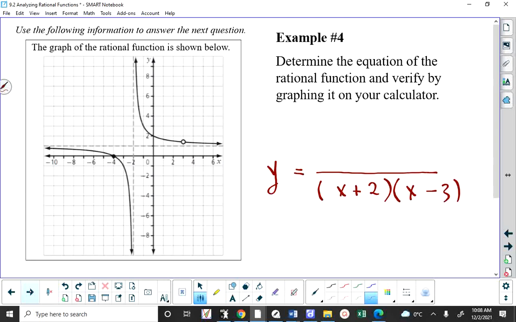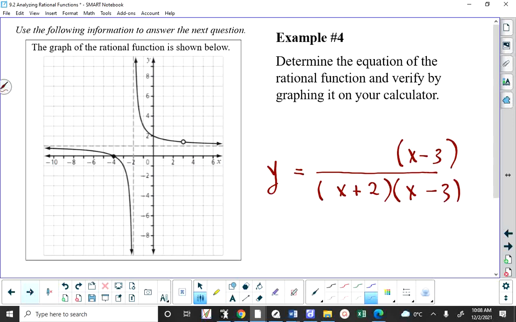So why mathematically are we not allowed to use x equals 3? Because in the denominator we have x minus 3, and you put 3 in for x, you get 0 in the denominator, which means you'll be dividing by 0. But we have also learned that if there's a hole, you need an identical factor in the numerator to cancel with the one in the denominator that produces the hole.